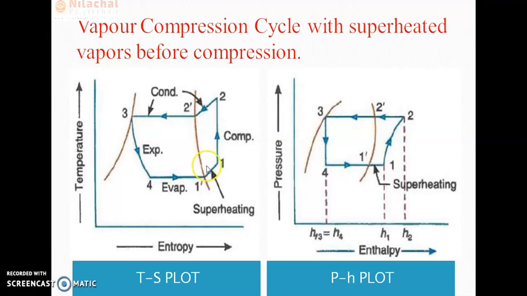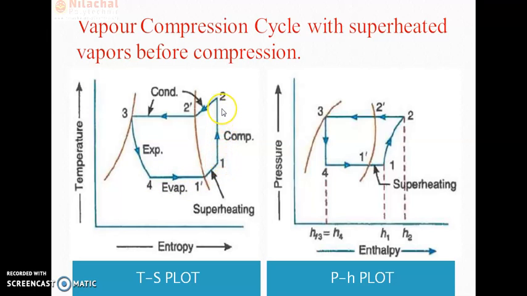The evaporation starts from 4 and continues up to 1 dash when it is dry saturated. Then the vapor is superheated before entering the compressor, up to state point 1. Then the refrigerating effect is increasing from 4 to 1.